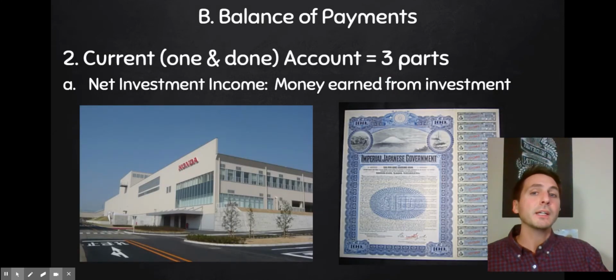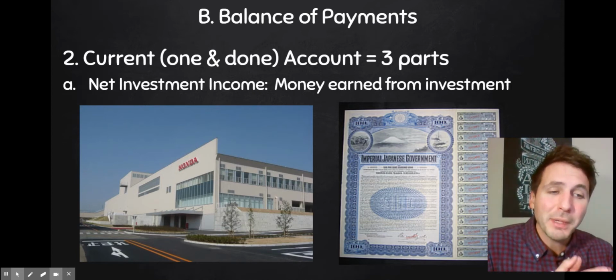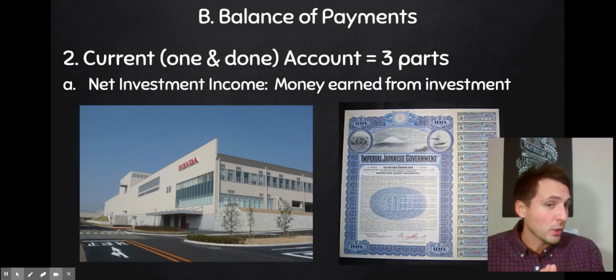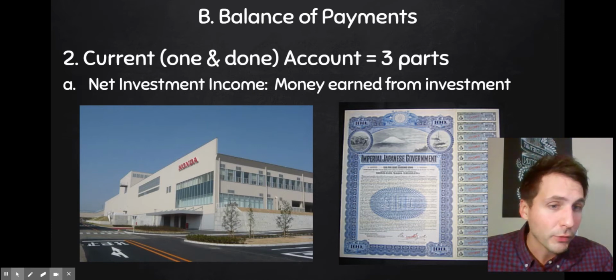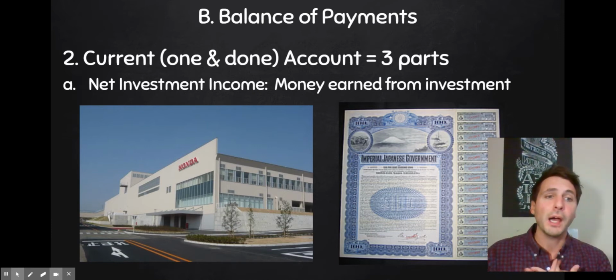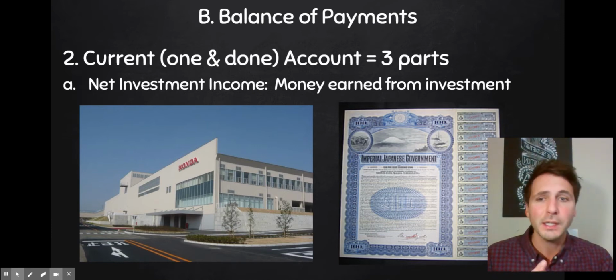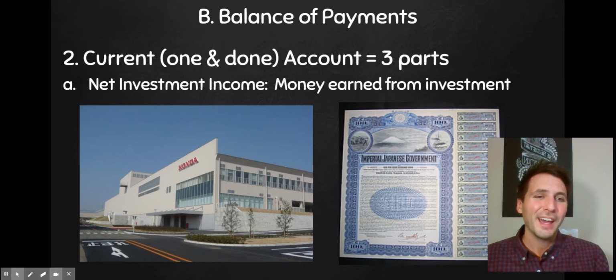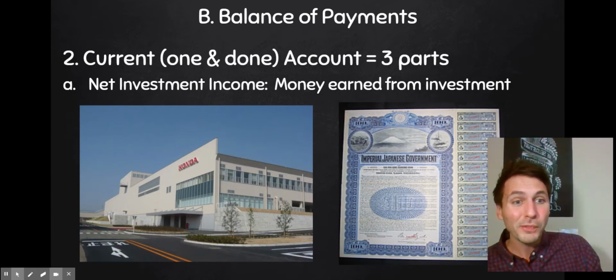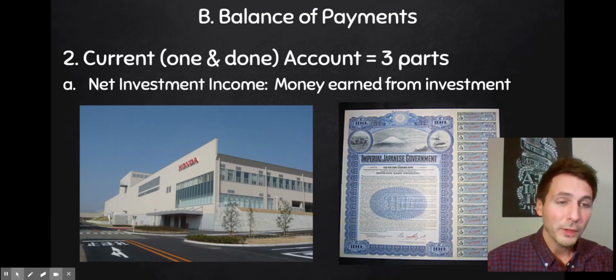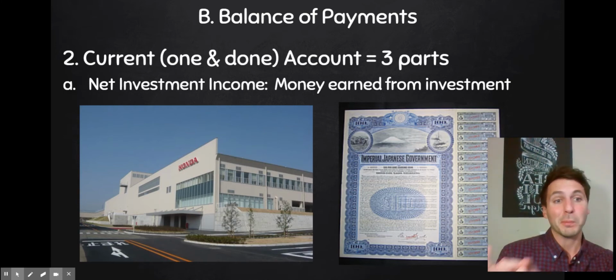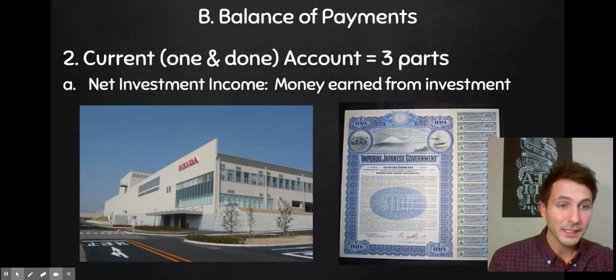Net investment income, remember that's money earned from an investment. So if I own a company, for example, I grew up in Marysville, Ohio, where Honda of America was headquartered. Honda of America, the people that own that are Japanese. When those Japanese owners make their profits from that Honda, right?